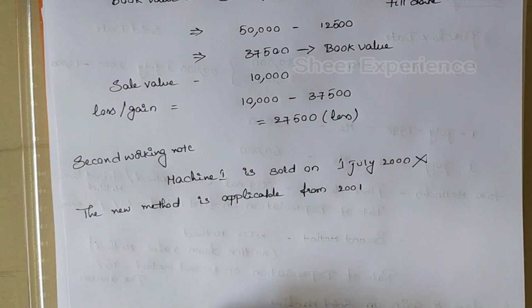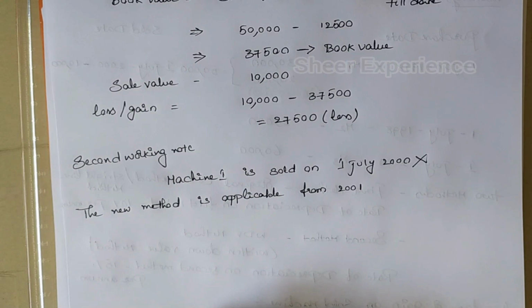Method of depreciation can be changed with or without retrospective effect. Without retrospective means no adjustments are made for past year entries. We just have to change the depreciation method and continue to charge the depreciation based on the changed method.